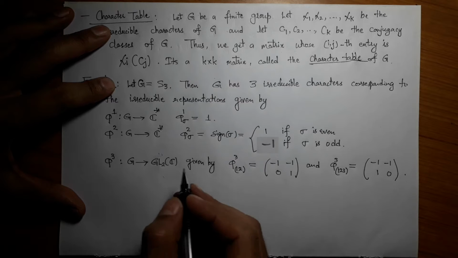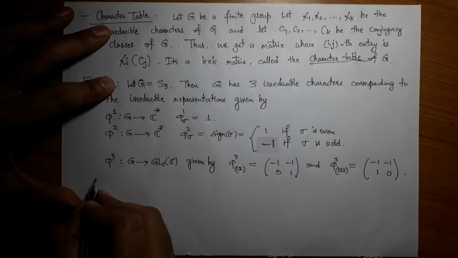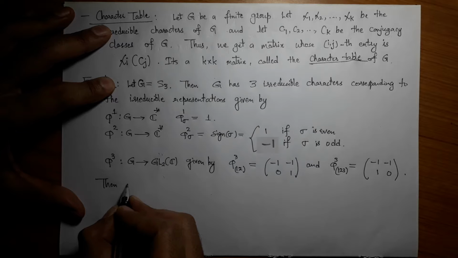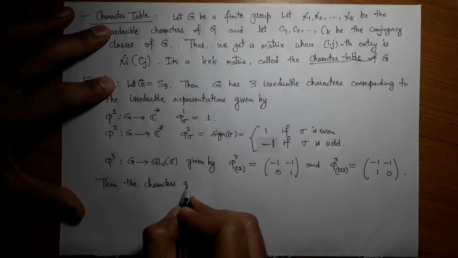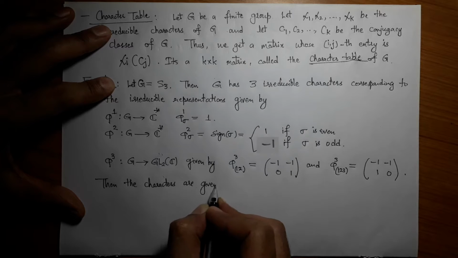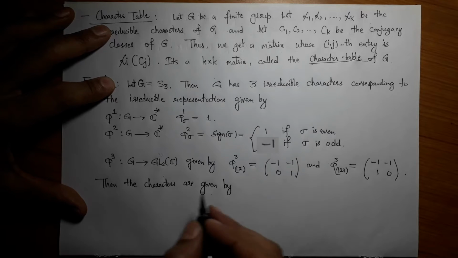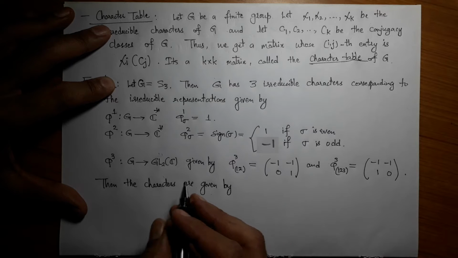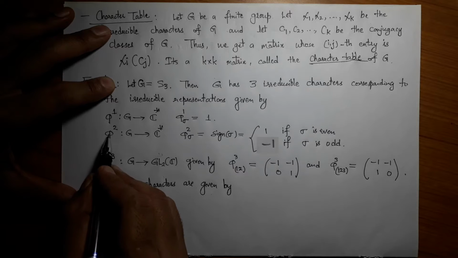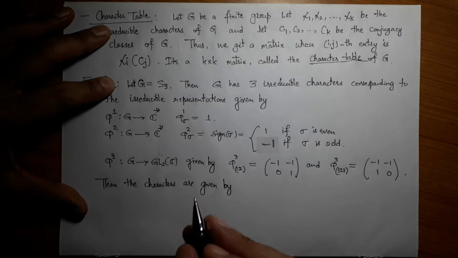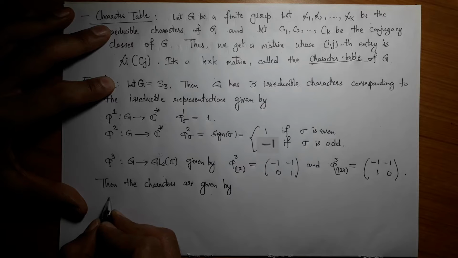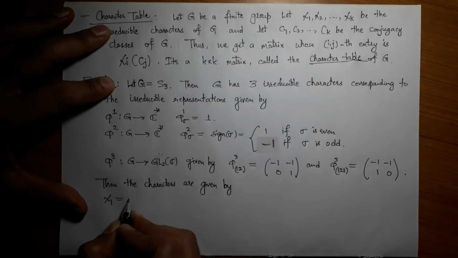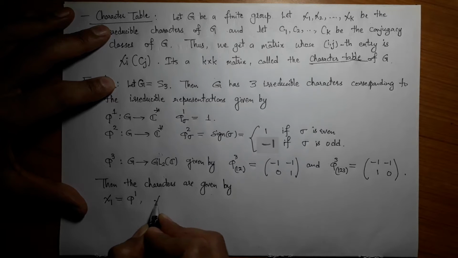Once we know the representation, we can write down the characters. For simplicity I will denote the character of phi superscript i simply by chi subscript i. Chi 1 is the same as phi 1, and chi 2 is the same as phi 2, because they are one dimensional.